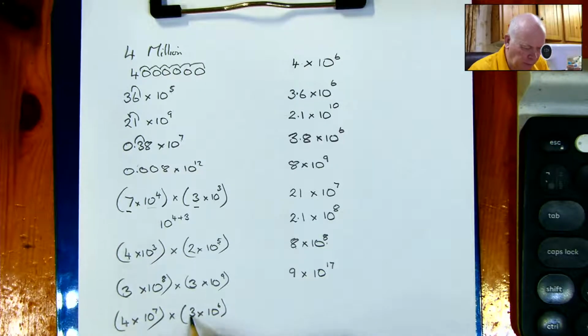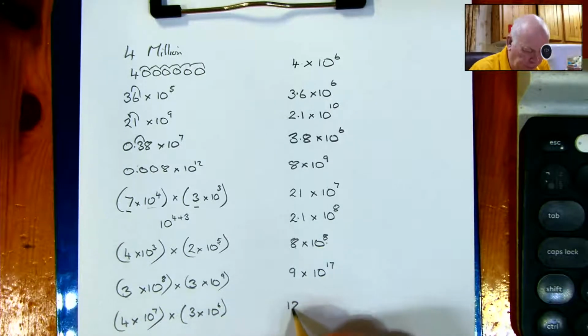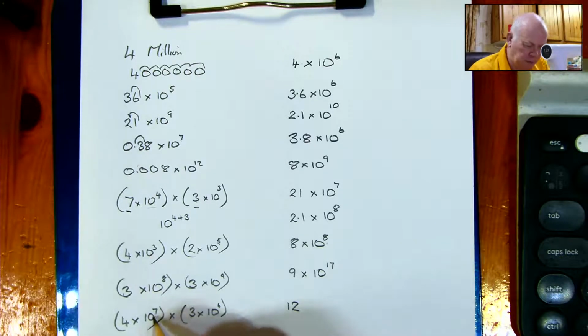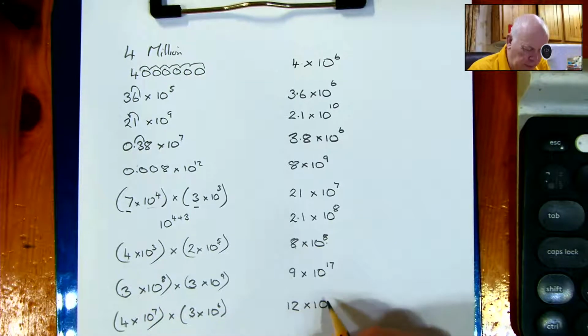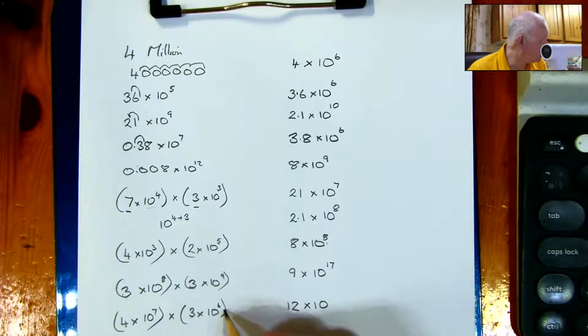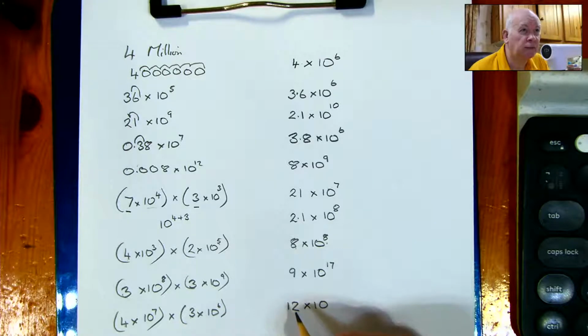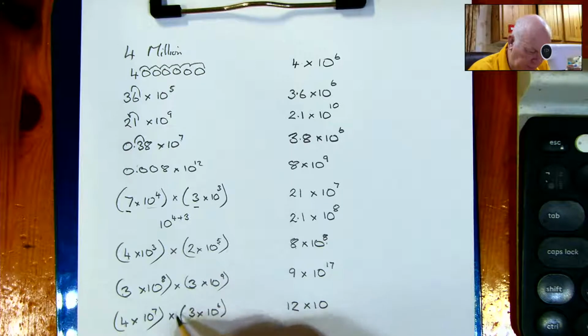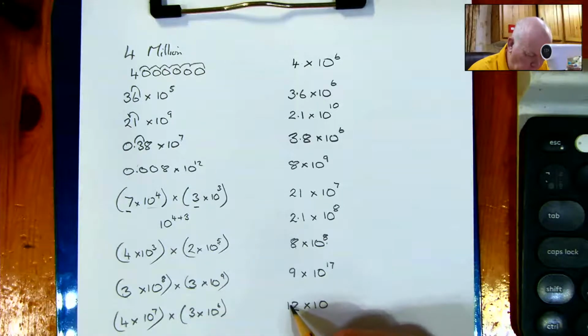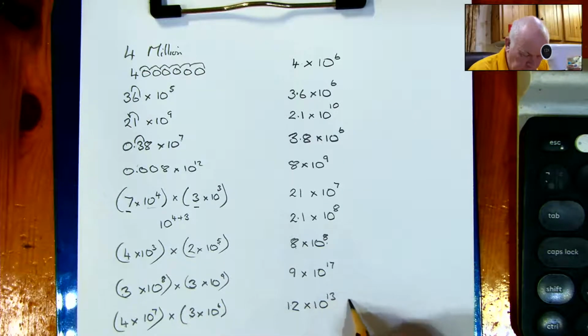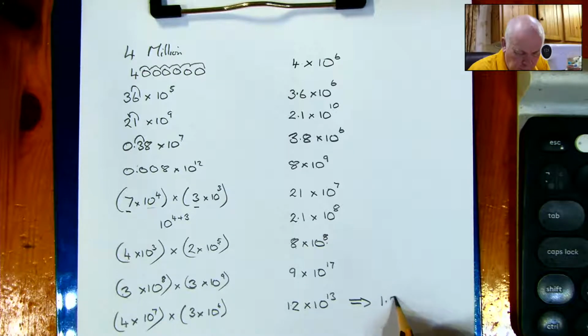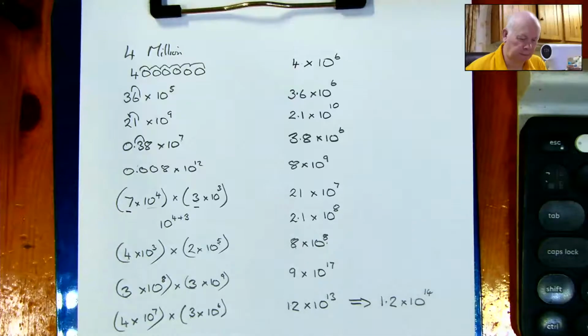Then we're going to get our 4 3s are 12, which is going to mean we're going to have to move the decimal point, times 10 to the 7 plus 6, which is going to give us 13. And so we need to move the decimal point one place. So 1.2 times 10 to the 14.